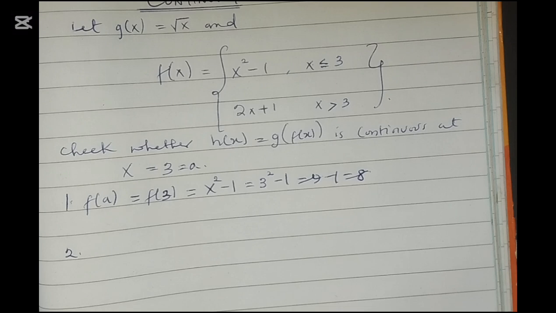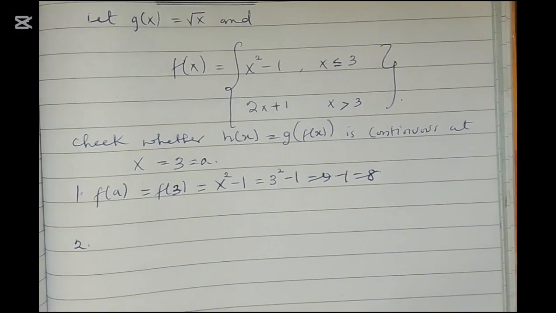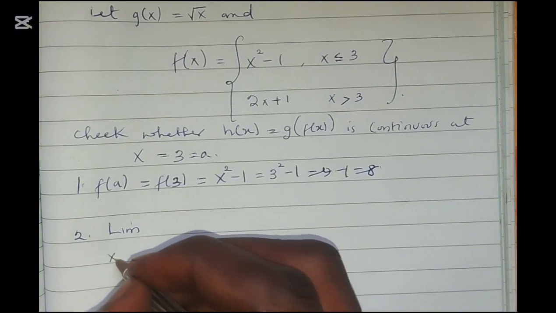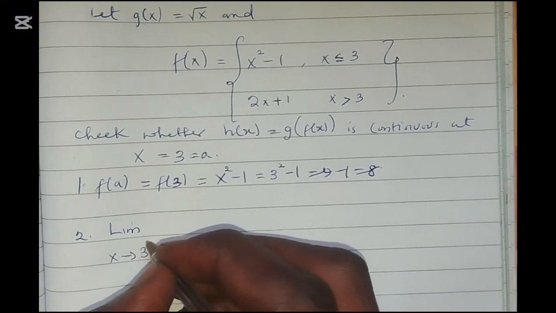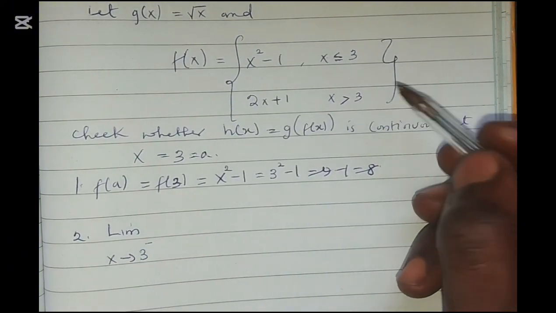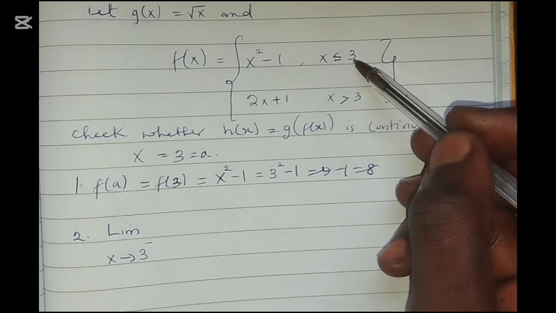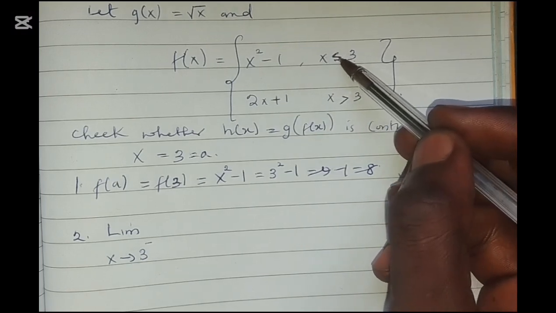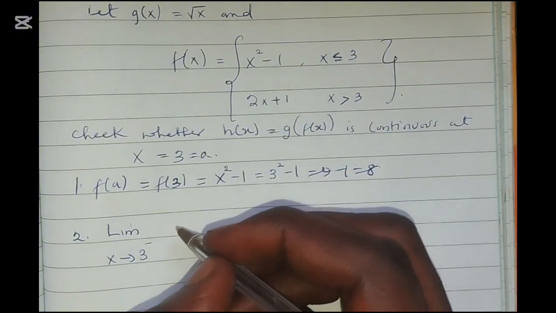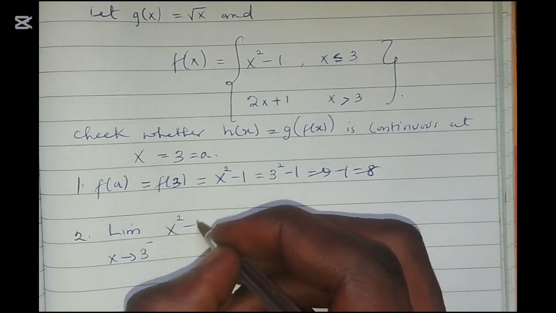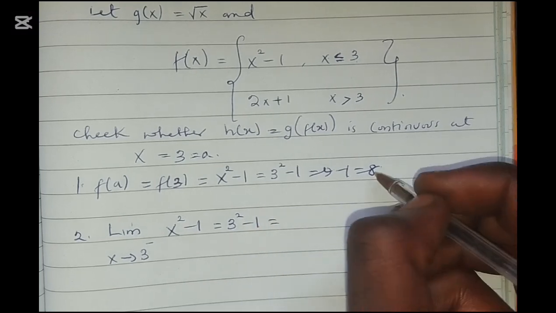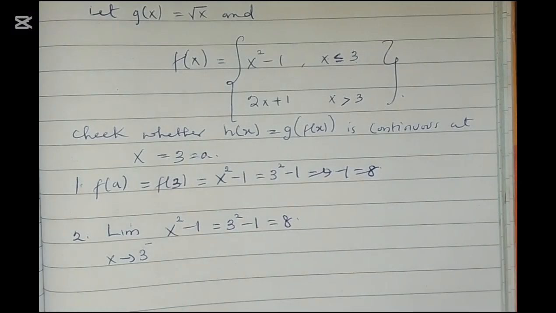The second condition says that the limit of this function must exist from both sides. Now let us check the limit of this function from the left and see what we get. So the limit as x approaches 3 from the left: where do we have x approaching 3 from the left? This is it, yes, as we have explained before. So here we still use x squared minus 1. So we have x squared minus 1 equals 3 squared minus 1, as we have here, equal to 8.